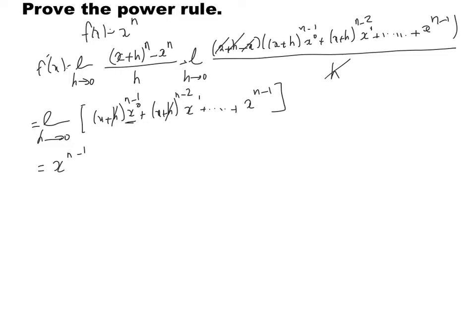Then here we get x exponent n minus 2 times x exponent 1, which is x exponent n minus 1, and this all the way to again x exponent n minus 1. Now since there are n terms here, this is equal to n x exponent n minus 1.